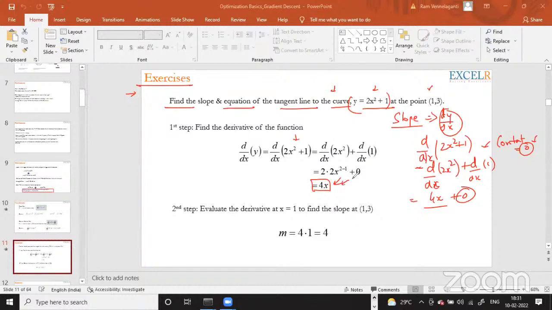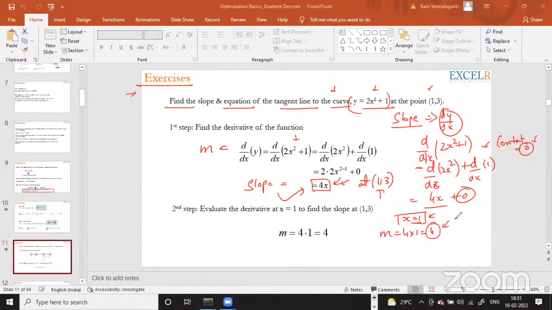So what is the differential of your curve y is equal to 2x square plus 1? It is 4x. Now you have to find out at 1 comma 3 what is the slope value. So slope is nothing but dy by dx. Now I want to find out my slope at point 1 comma 3. What is the value of x? x is 1. So what is the slope? m is equal to 4 into 1.